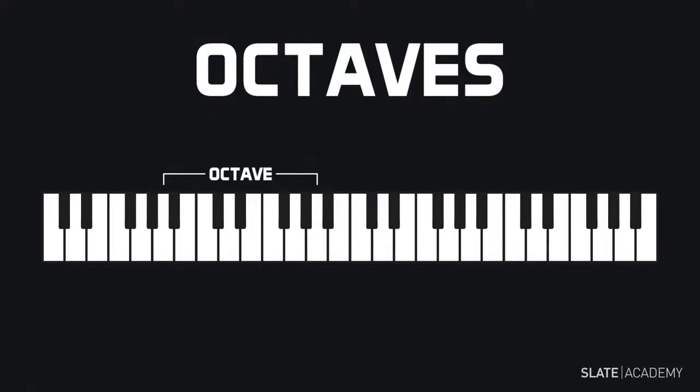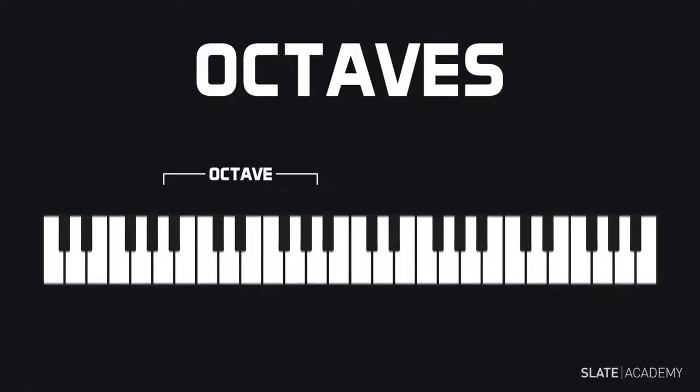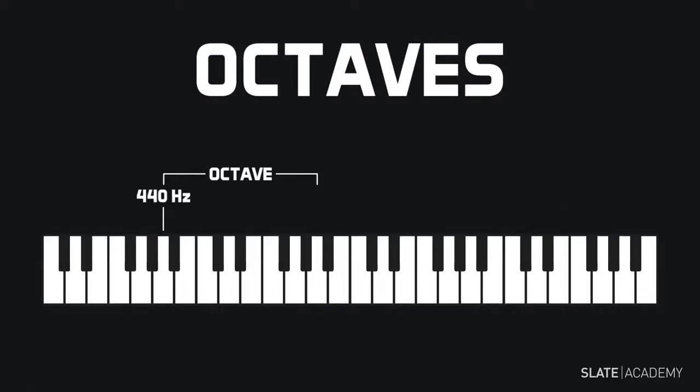Let's look at it from a technical standpoint. This note, A, has a fundamental frequency of 440 Hz. The next A on the keyboard has a fundamental frequency of 880 Hz. We know this because they are one octave apart, and each octave is double the fundamental frequency of the previous octave.